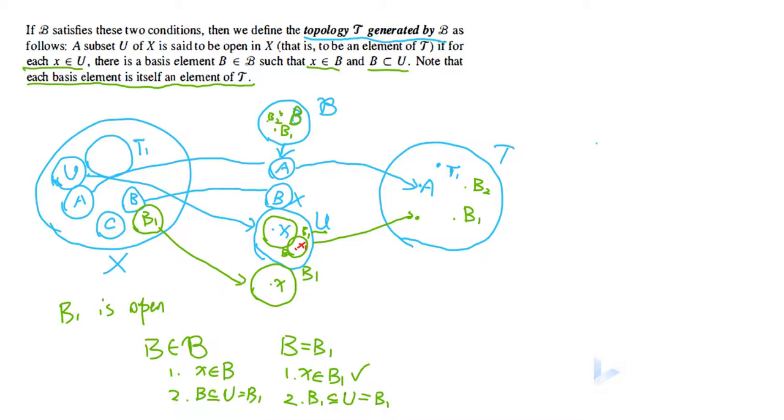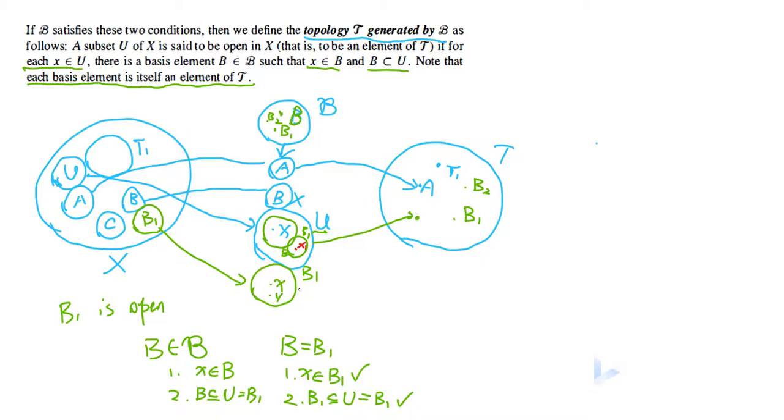This is also true because B1 is a subset of itself. This is always true for any set. So it means that we can use B1 as a basis element for all the points, no matter if it is X or Y inside of this B1, to satisfy those two properties.